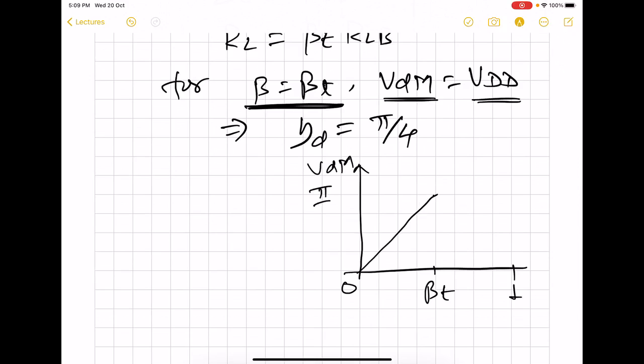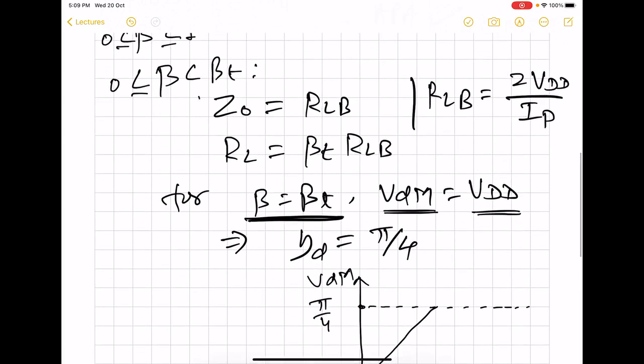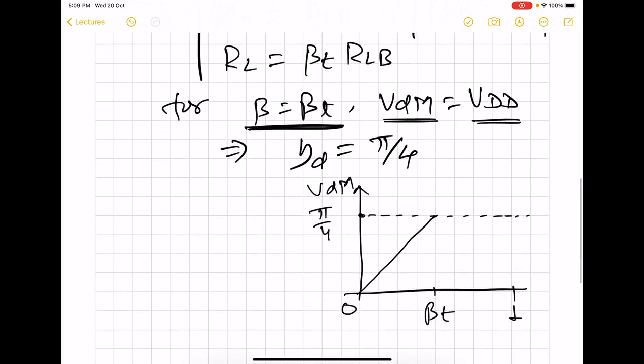So this is maximum efficiency for class B. So by choosing these values of the impedances, we have been able to achieve this maximum efficiency. Sorry, that was the efficiency.